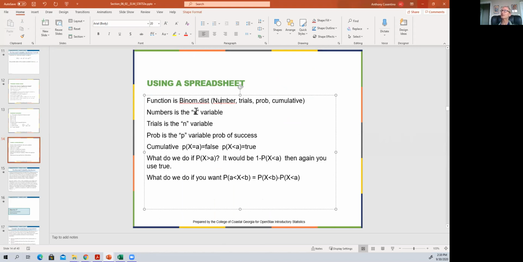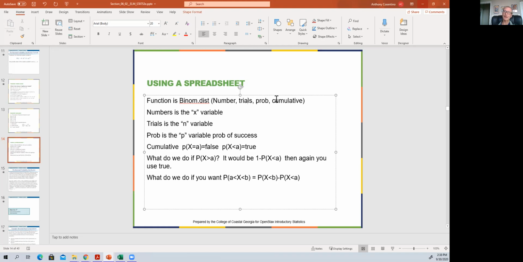This number is the x value, and that would be the variable. For example, for 2 heads, we put in 2. Trials, the number of times we flip the coins, that would be 3. Probability of success, and for flipping a coin, it's 0.5. And cumulative, so that is 2 possibilities.